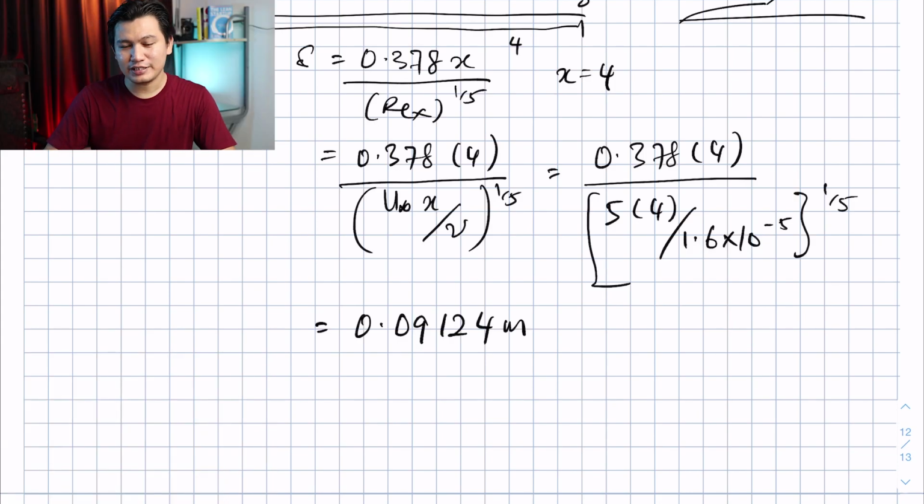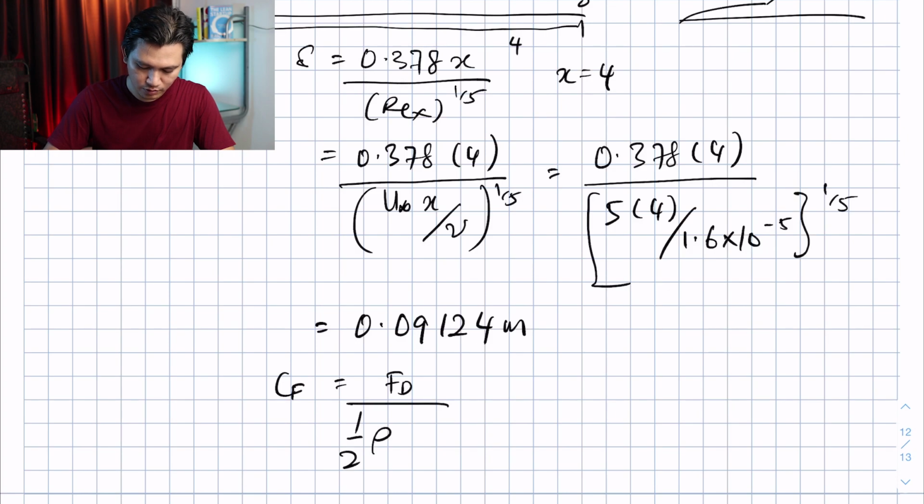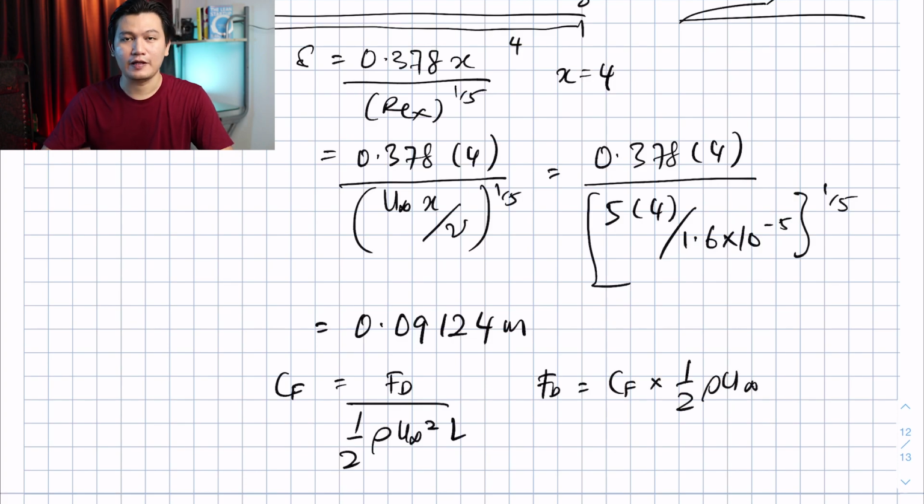So first we know that CF, the skin friction coefficient, is FD divided by half rho U infinity square L. Right? So FD is CF times 1 over 2 rho U infinity square L. But this is actually the drag force per unit width.